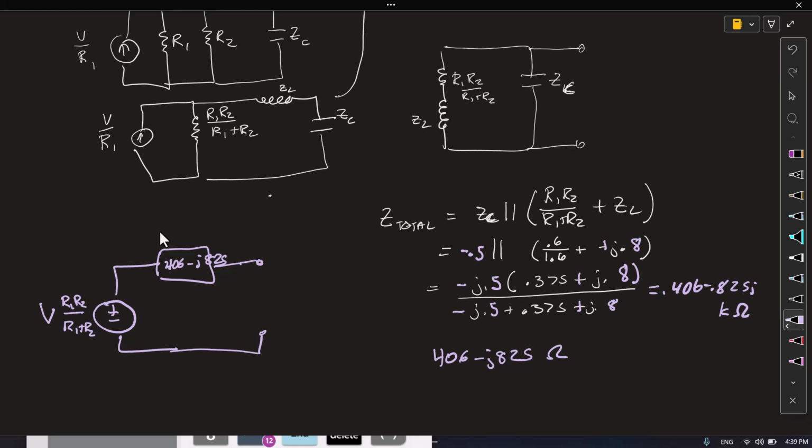And so V open circuit is going to be, nah, it's not going to be that, because, well, let's see, where would it be? So it would be here. V open circuit would be V across the capacitor.